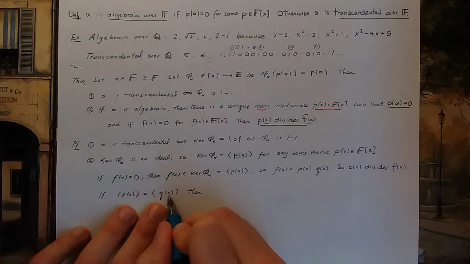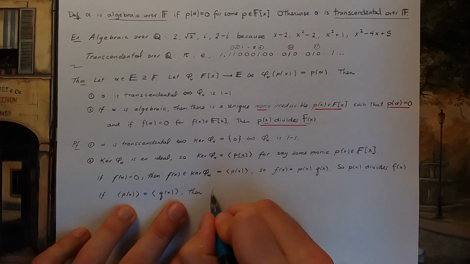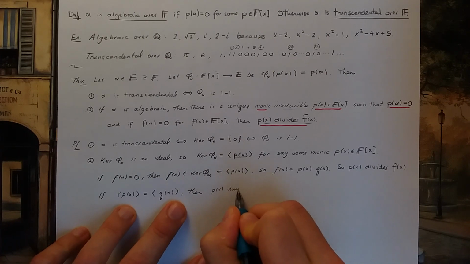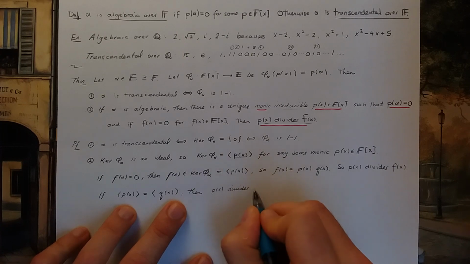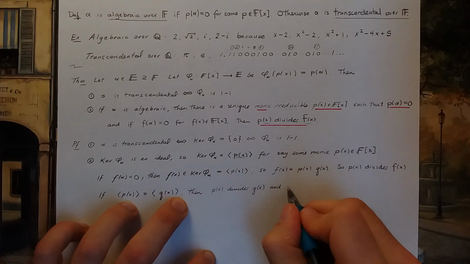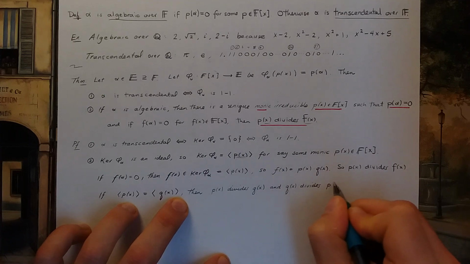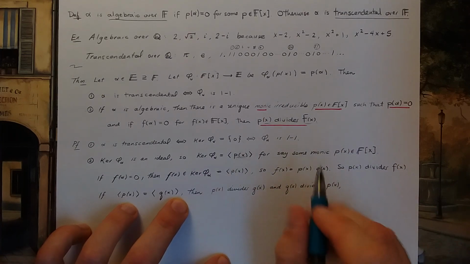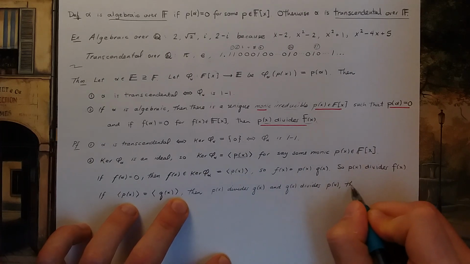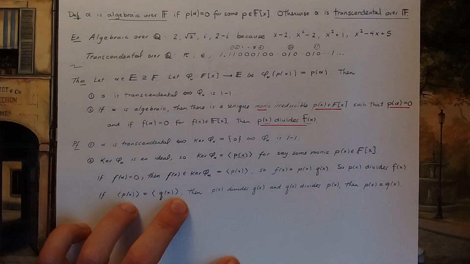Well, then alpha is a root of q and p, so what we just showed is that p would have to divide q, and reversing the logic, q divides p, and since they're monic polynomials, the leading coefficients are the same, so p of x equals q of x. So there's the uniqueness property.